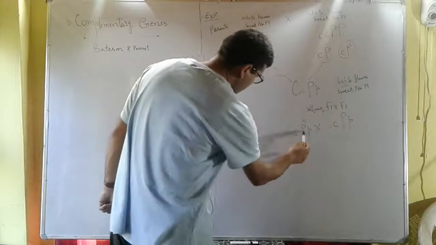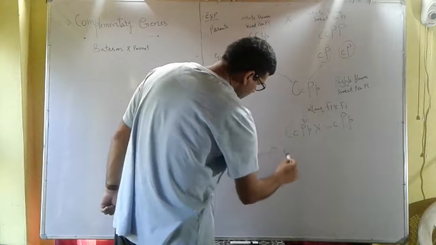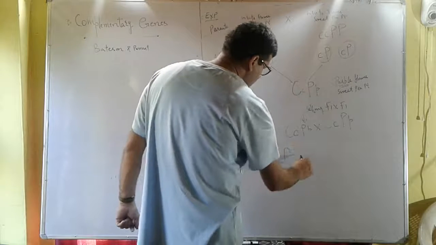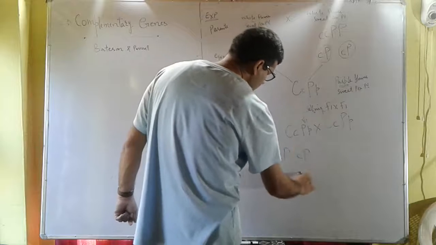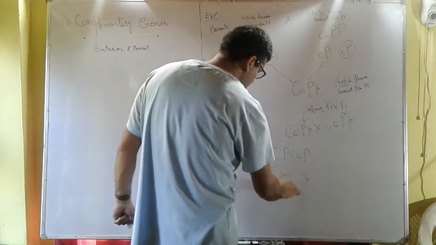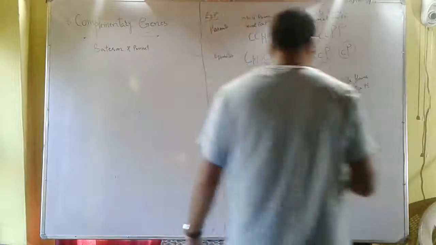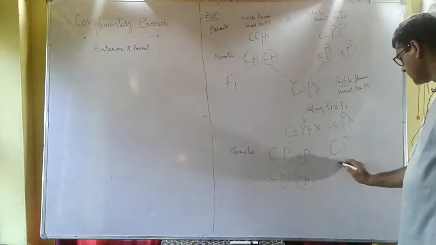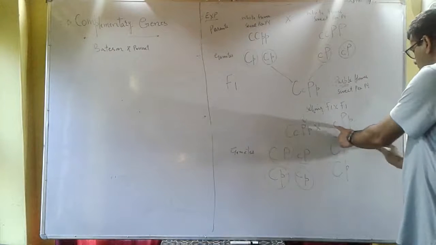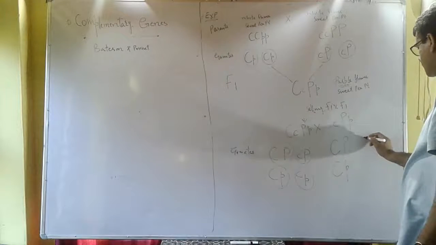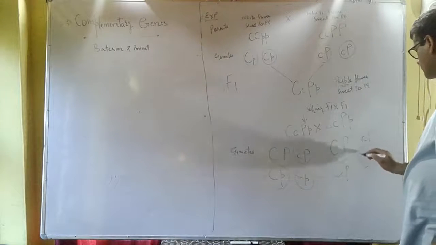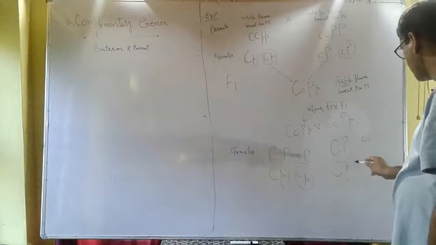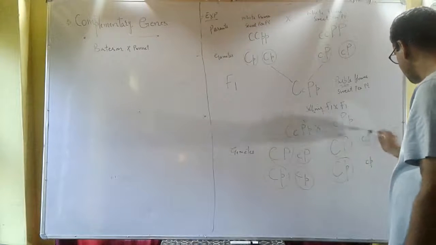Gametes would be capital C and capital P, capital C and small p, small c and capital P, and small c and small p. These are four different types of gametes.